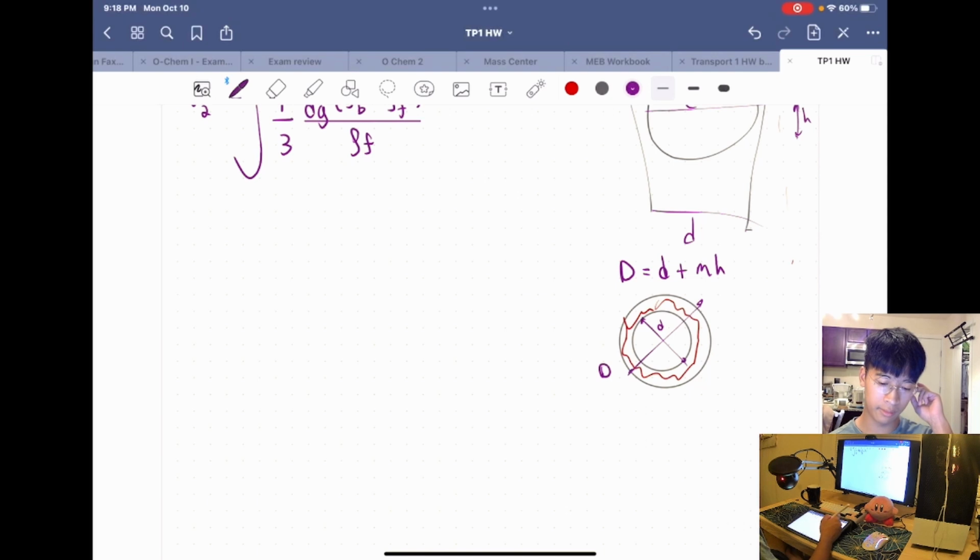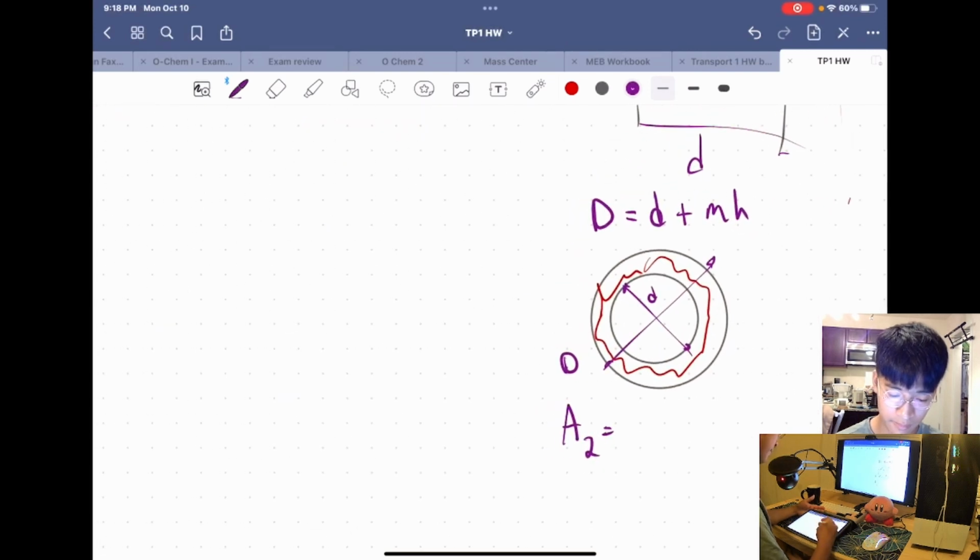Let's do A2 is equal to pi big D squared over 4 minus pi little d squared over 4, right?